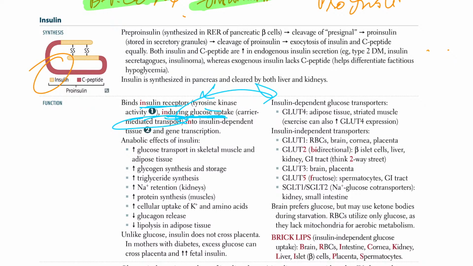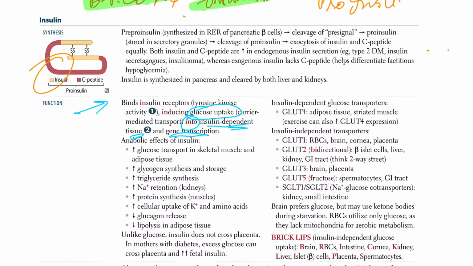So it induces glucose uptake into insulin-dependent tissue. So what is it doing? It's binding to the insulin receptor, causing glucose uptake specifically into insulin-dependent tissues, and we'll talk about those, and causing gene transcription.